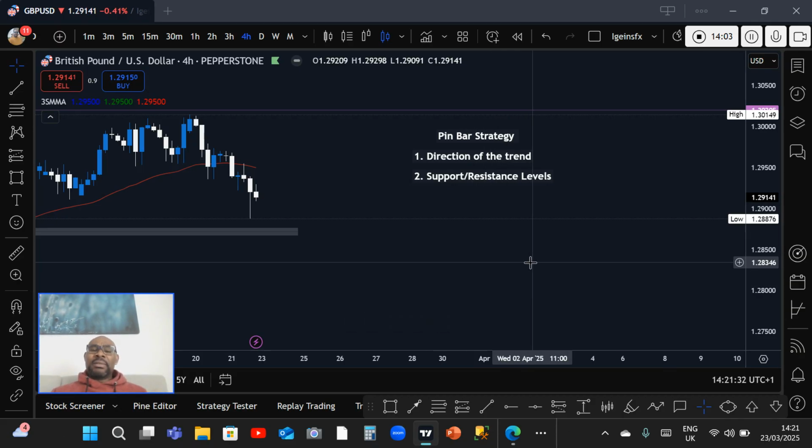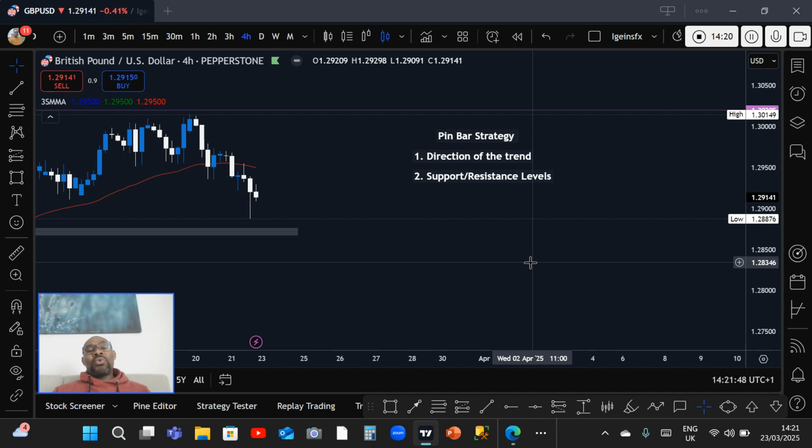because those time frames are the bigger time frames that the bigger investors use. Anytime they want to place their trade, they use the higher time frame.